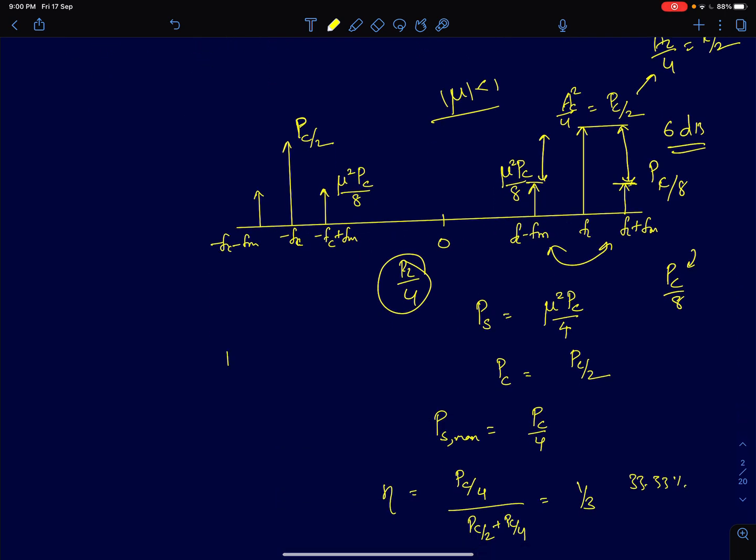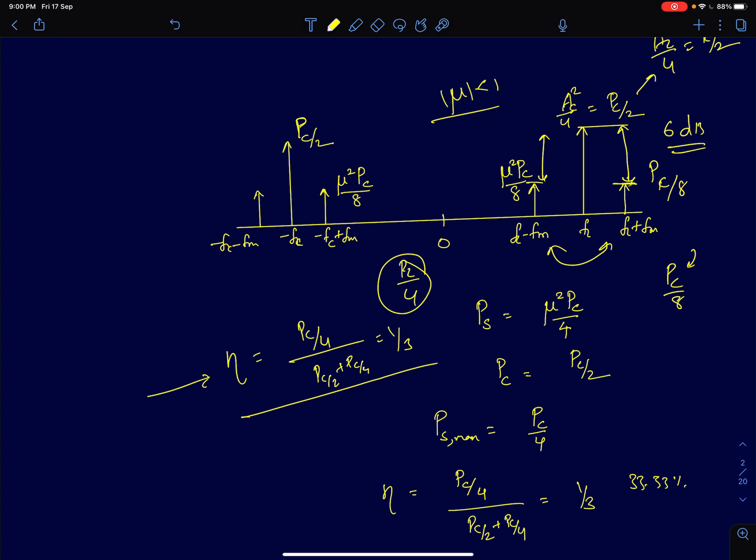So therefore the efficiency we can directly compute from this graph itself. The total signal power, I'm talking only about the positive frequencies here. Ideally I can multiply by 2 to get the negative frequency power, the total power then. So PC by 4, the total sideband power, divided by PC by 2 plus PC by 4, we get the term 1/3. So the maximum transmission efficiency is 33%.